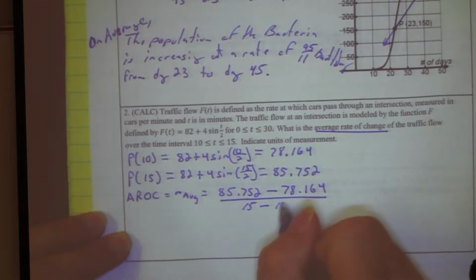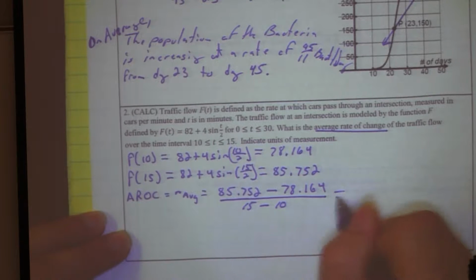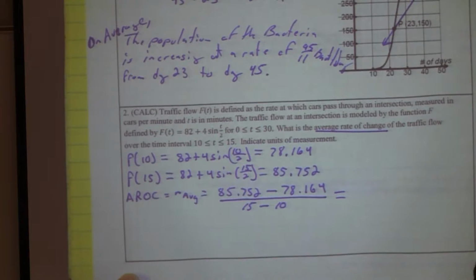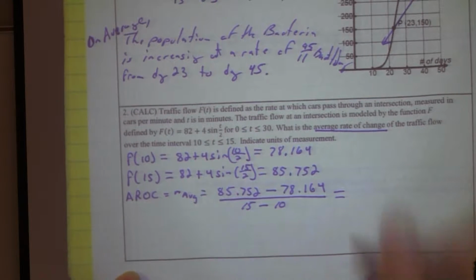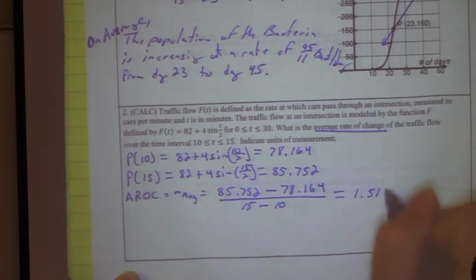15 minus 10. So what does that give us approximately as a decimal? 7.593 on the top, divided by 5. 1.518.